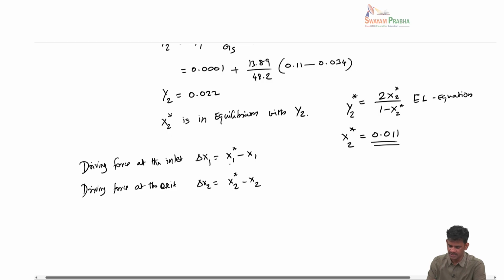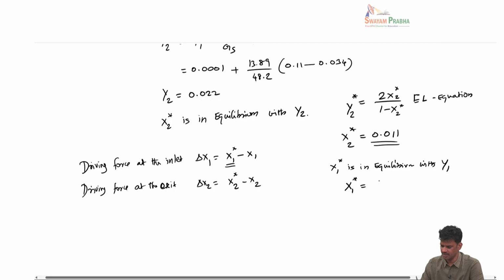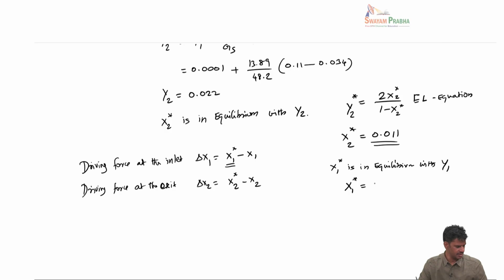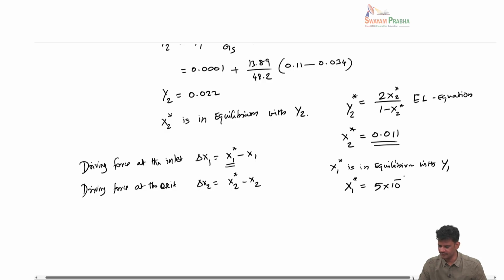So this X1 star is in equilibrium with y1. You can calculate that X1 star from the equilibrium line, and you will get X1 star as 5 into 10 power minus 5. So from here you can calculate delta X1.